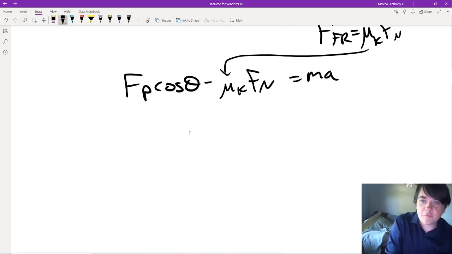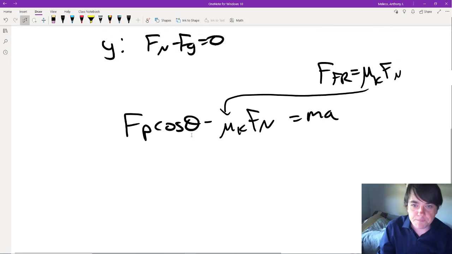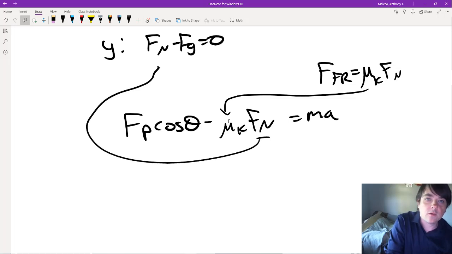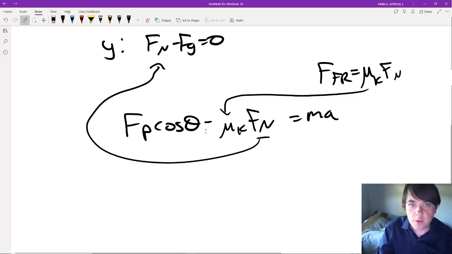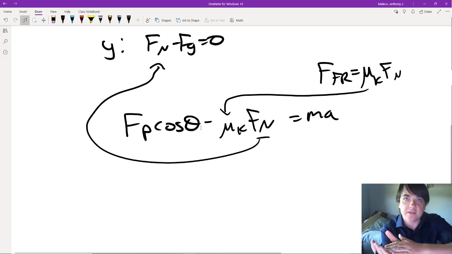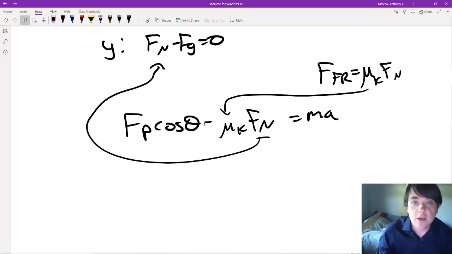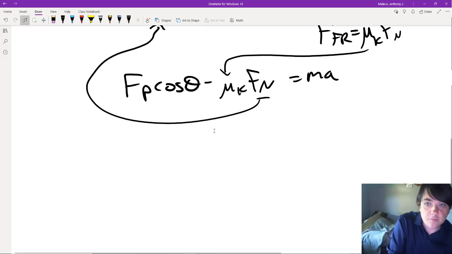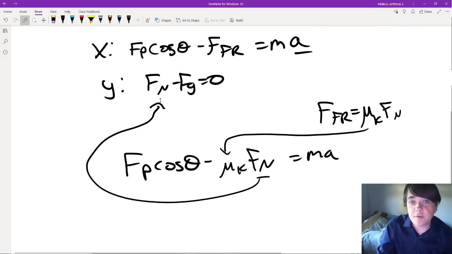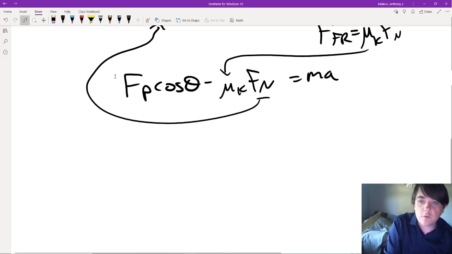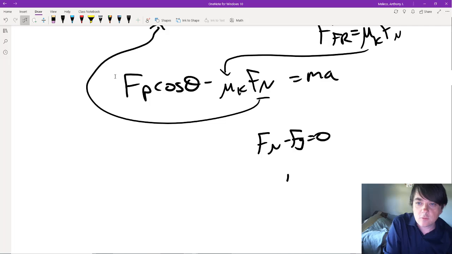So now the coefficient of kinetic friction is 0.3. But what was Fn? Well, now we have to look at the y equation, okay? Friction is determined by how much contact that object has with the ground. And so of course it's going to be a function of the normal force, which is usually a function of gravity. So if we solve this equation, we would see Fn equals Fg.